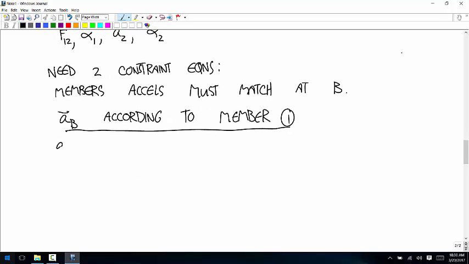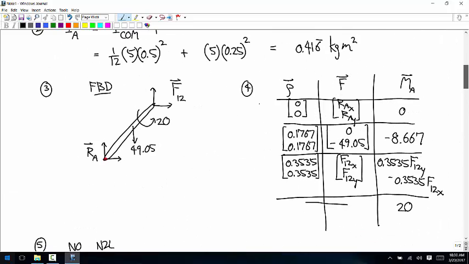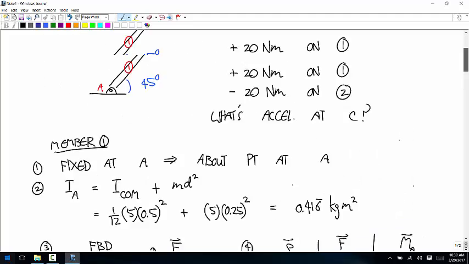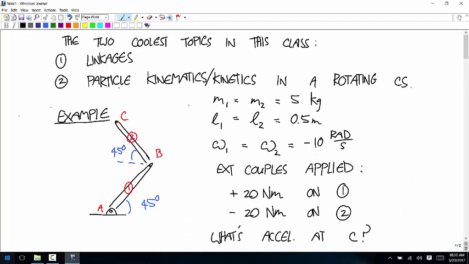So the acceleration of B is equal to alpha 1 cross R, and that R is going to go from, so where is that R vector going to go?